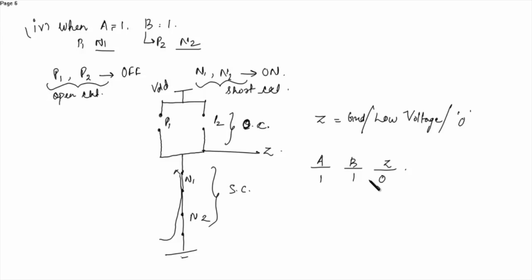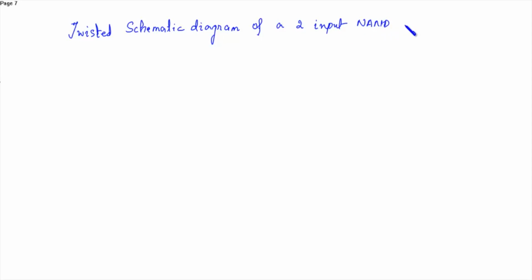Now after getting the explanation for the truth table, let's see the twisted schematic diagram of a 2-input NAND gate.